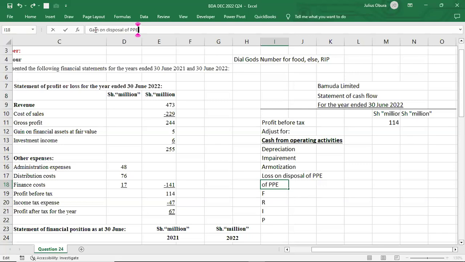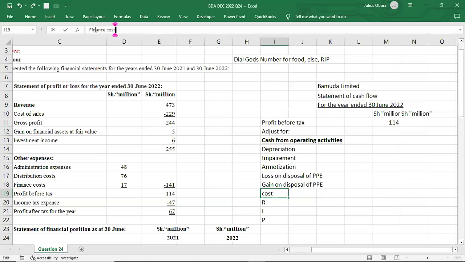In case of consolidation, we'll have that gain. And then from here, we have our F, and the F is finance cost. This is finance cost.